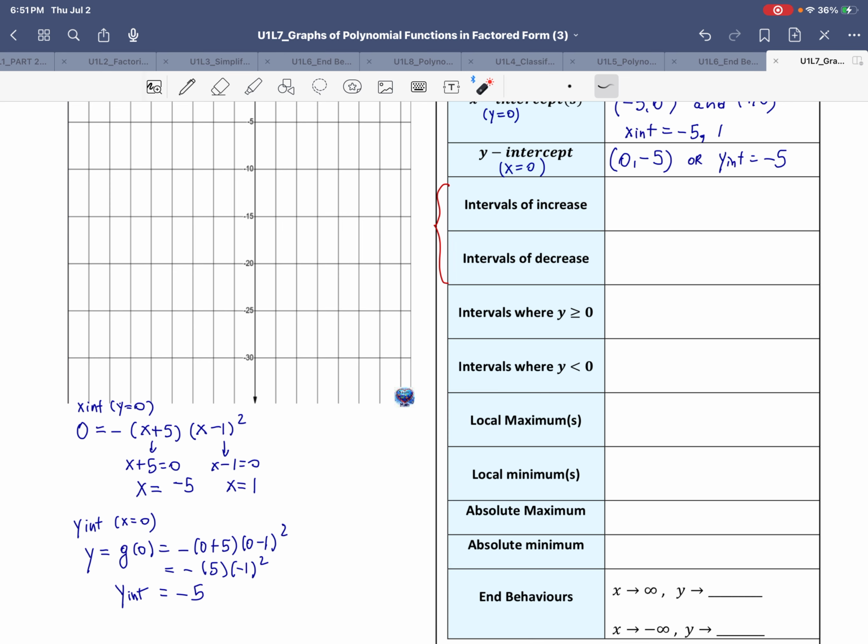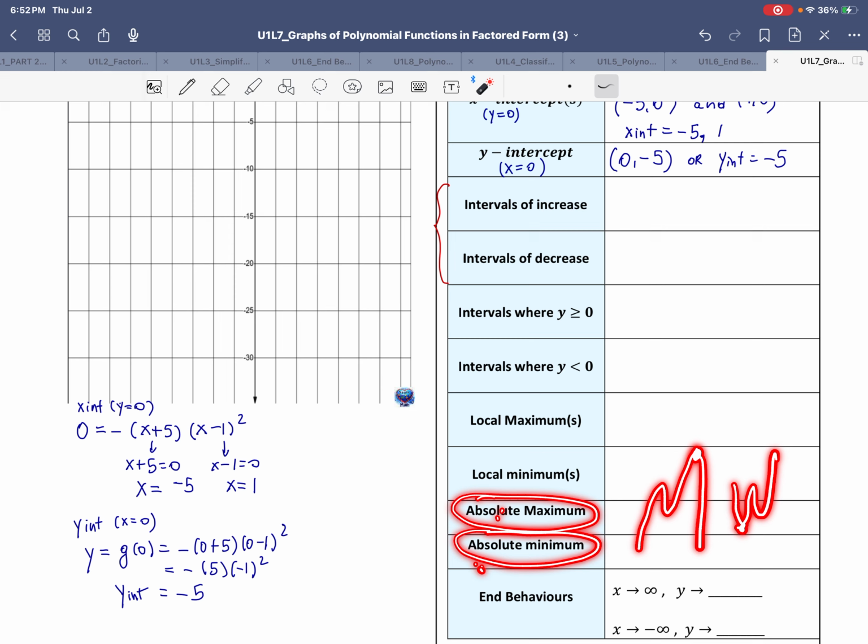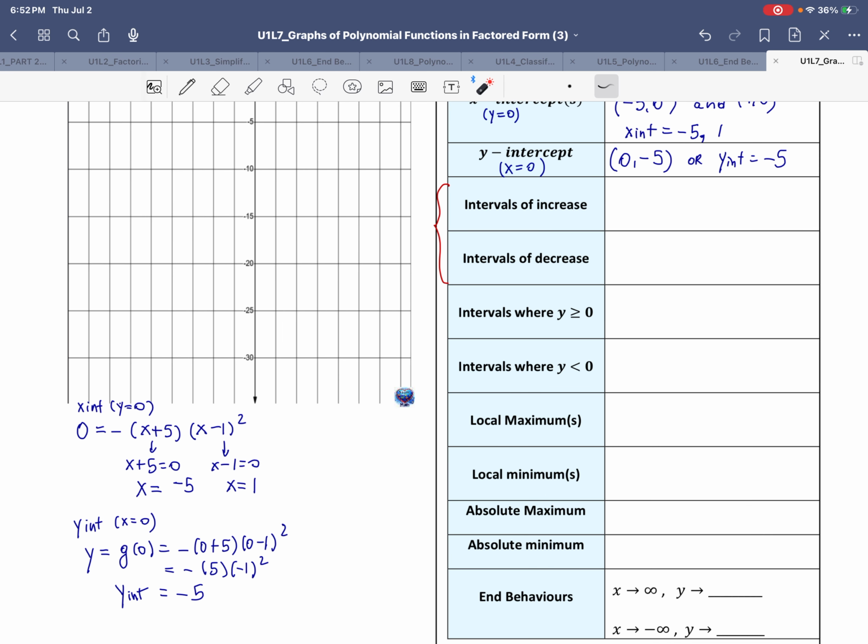Now, since we're at it, recall that because this is an odd degree polynomial function, there won't be any absolute min or max. The reason why is because only even degree polynomial functions are able to mark a maximum or a minimum on their graphs, due to the nature of their end behaviors.